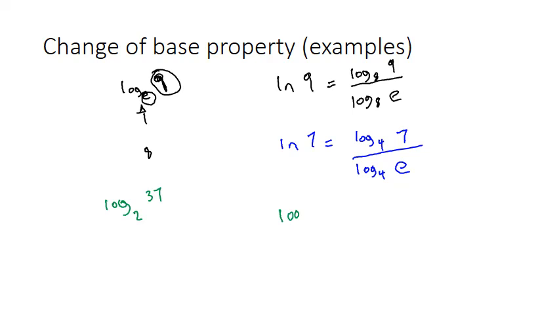So we have log base 2 of 37, and we said that we want it to be base 5, so we will put log base 5 in the numerator and denominator. Our current argument is 37, and our current base is 2. So if we were to work this out, we would come up with what was equivalent to log base 2 of 37.